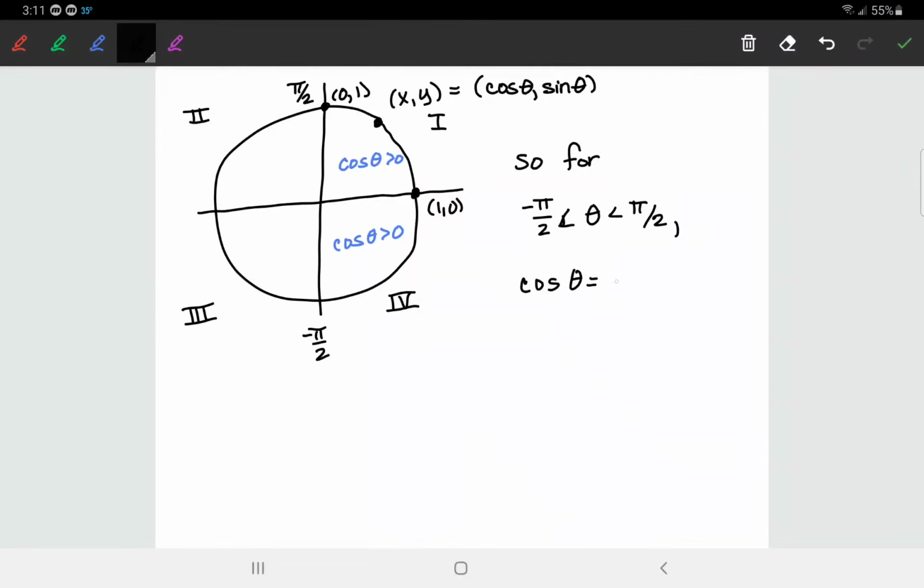So we can use that identity as the positive square root of 1 minus sine squared theta. And that's all we'll need.